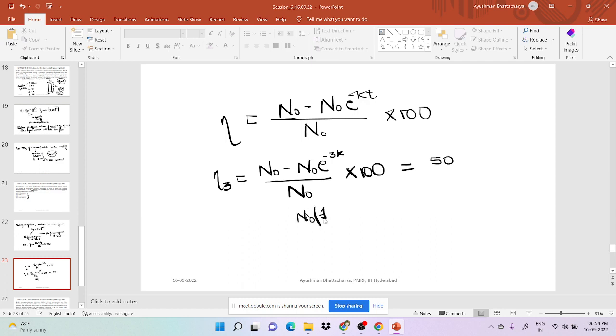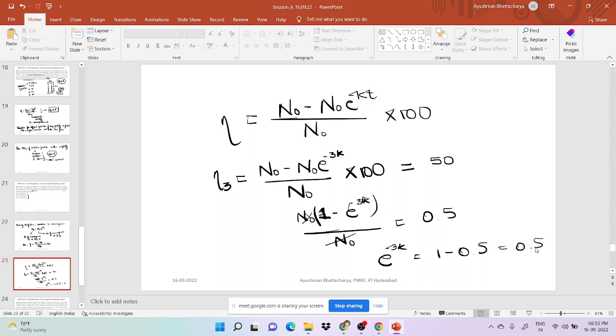If you take N naught common, 1 minus e raised to minus 3k upon N naught is equal to 0.5. N naught will get cancelled. E raised to minus 3k will come out to be 1 minus 0.5, which is 0.5.